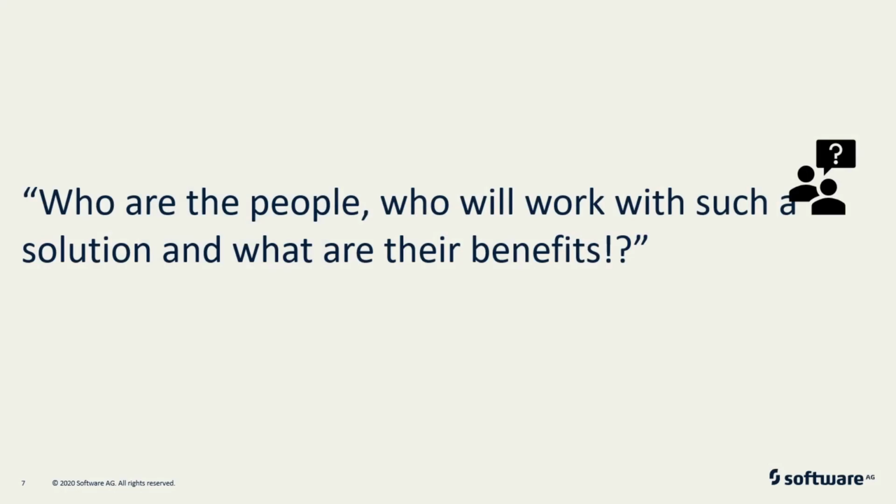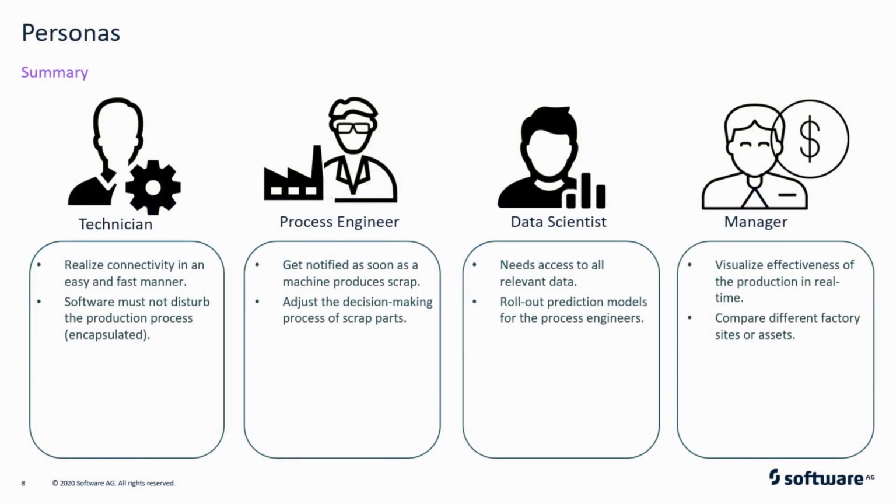Now we are starting with the question, who are the personas who will work with such a solution and what are their benefits? To sum it up, we have defined 4 personas. One is the technician who is responsible for the device connectivity and who must install the thin edge software next to the machine side.